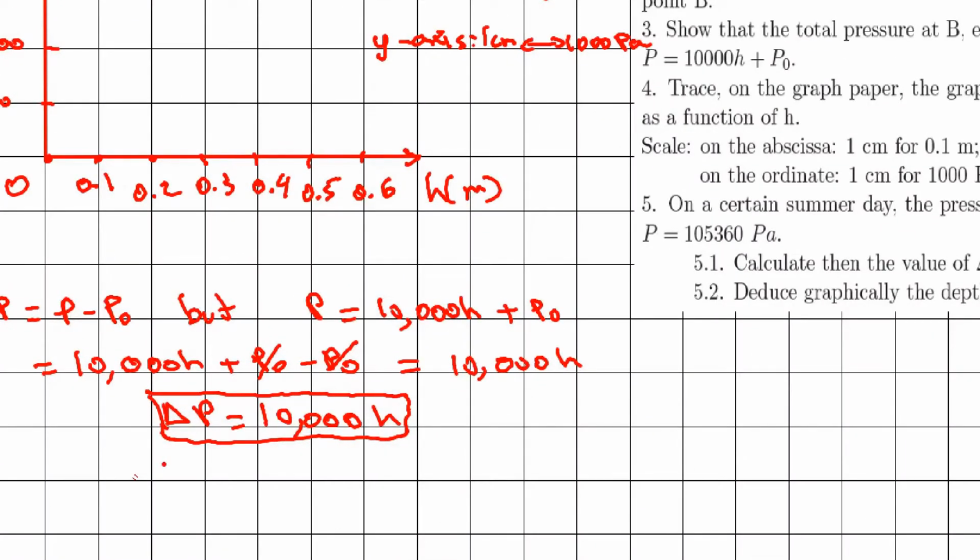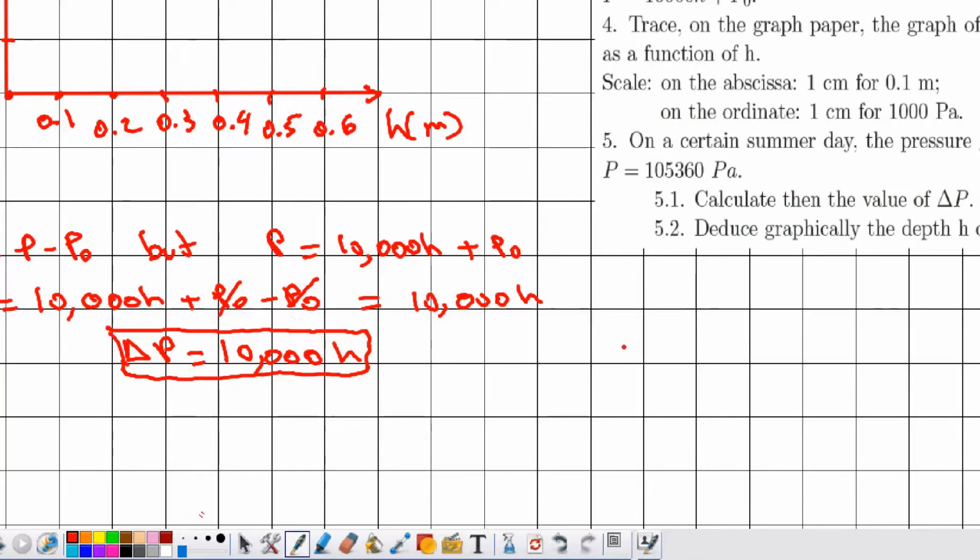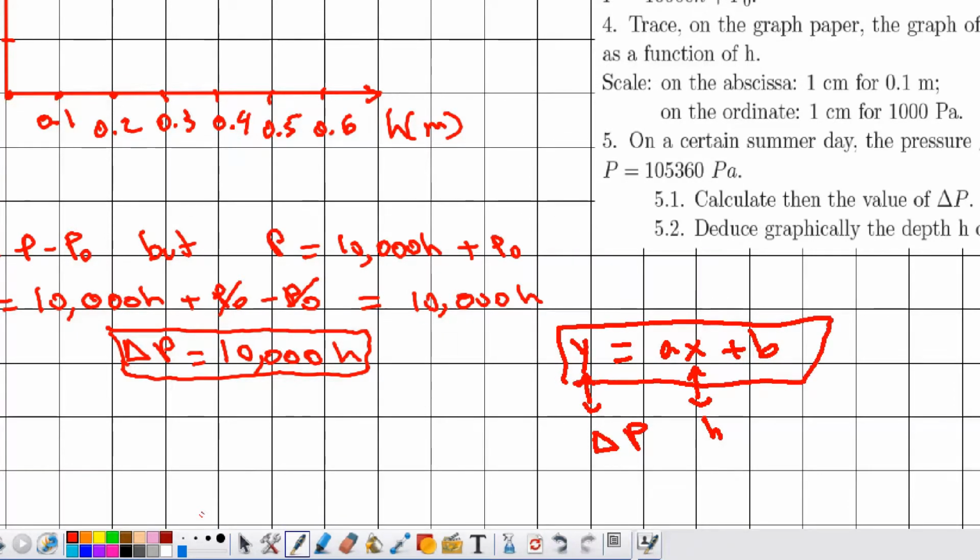So what does this equation tell us? Whenever we know the value of H, we know the value of delta P. So this allows us to plot the curve that shows the variation of delta P as a function of H. So notice that this equation is in the form of y is equal to ax plus b. By referring to this axis, we know that x in this case is labeled by H and y is labeled by delta P. So in math, how do we plot such types of equations? This equation corresponds to a straight line.